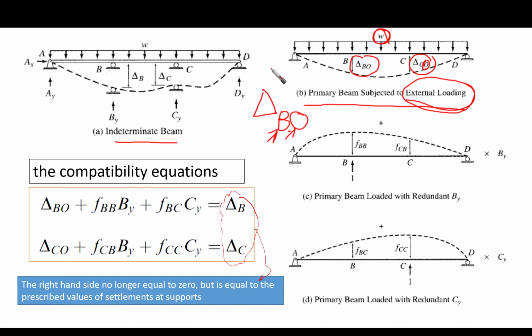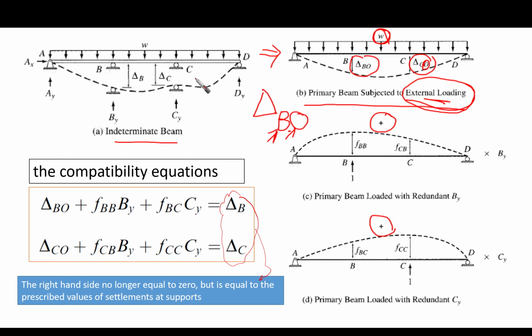So we have chosen the primary beam, which is the removal of the restraint at point B and point C. After that, we are going to load the primary beam with the external loading, which is the original loading that we have. And then we are going to say that the indeterminate beam equals the original system loaded with the external loading plus 2 additional systems.